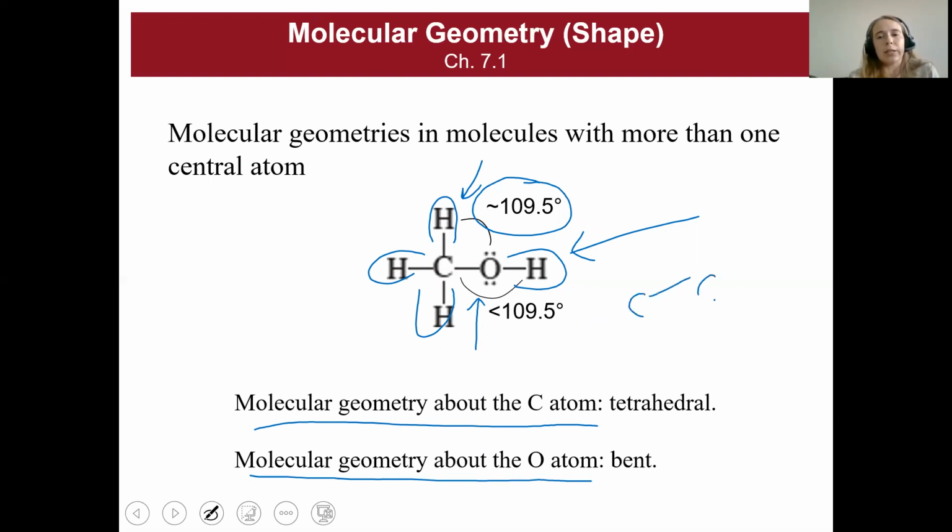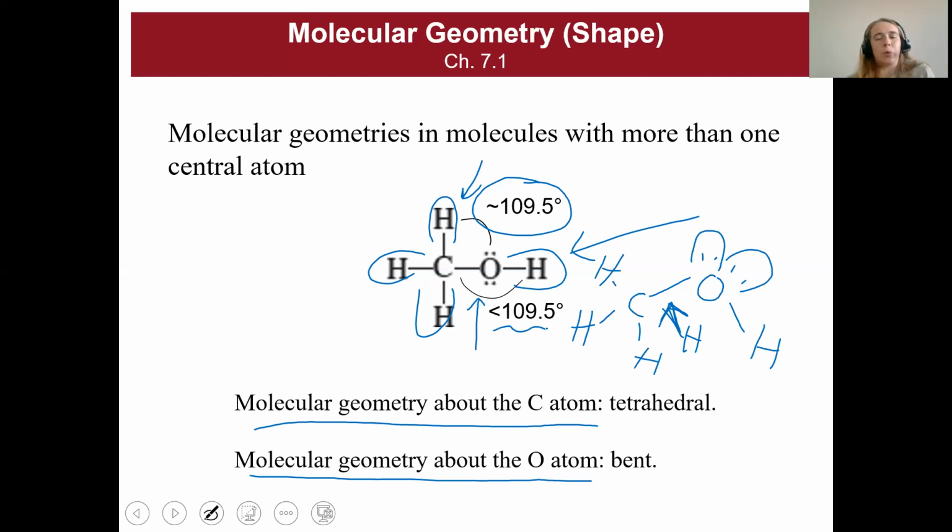We're not going to draw it like this because that would be silly, but this is what the 3D geometry actually looks like, where the lone pairs give it a bent shape, kind of like water. Just imagine that this is hydrogen instead of a CH3 group. If this is just a hydrogen, then it's just water. So it's a bent molecule, and the bond angle is going to be less than 109.5 because of the lone pairs pushing everything out of the way.